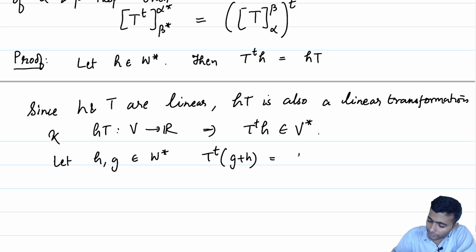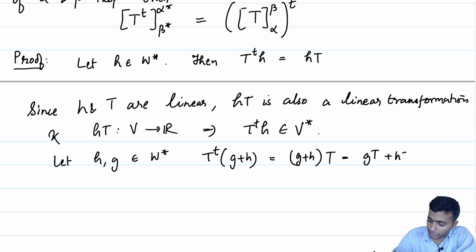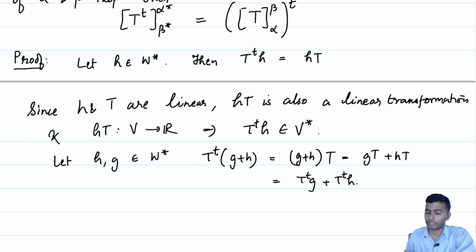So this by definition is (G plus H)T. But what is the meaning of (G plus H)T? It is just GT plus HT. But GT is precisely equal to T transpose G and HT is precisely equal to T transpose H, and that is precisely what we wanted to show.